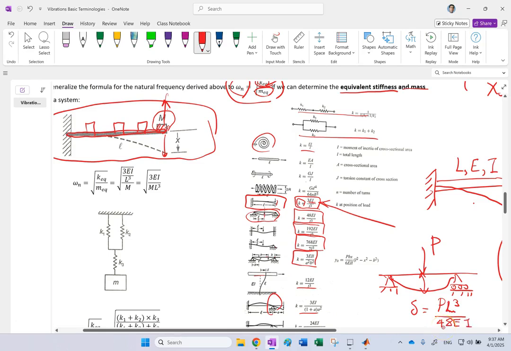So when you divide that P by that delta, the K is what? The K is this guy. So if you look at a solid mechanics book, you should have this, and so on and so forth.